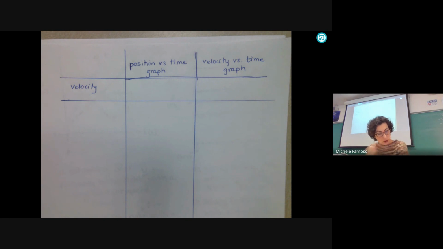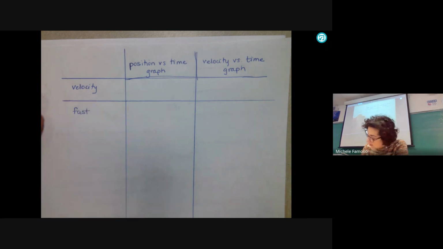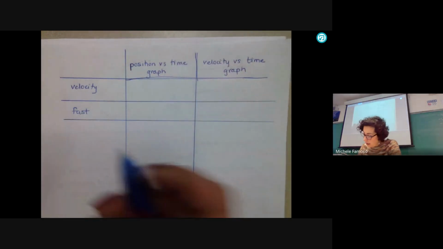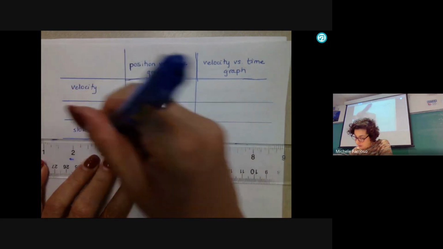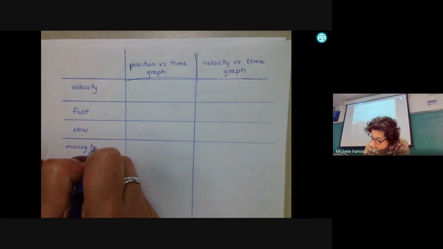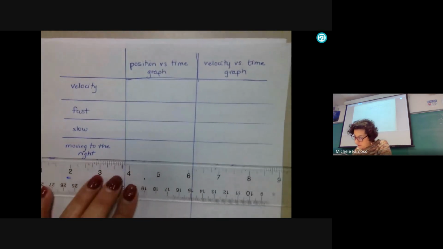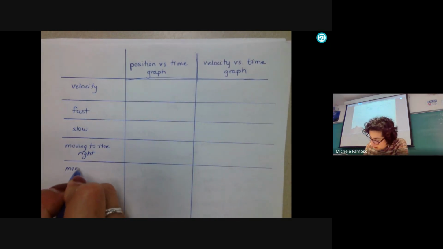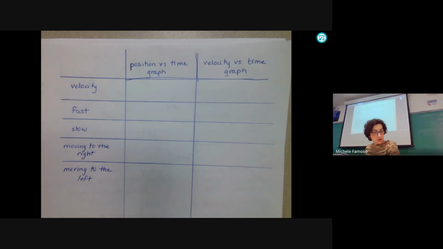Then secondly, what would it look like if you are moving fast on each of these graphs? What would it look like if you were moving slow on each of these graphs? What would it look like if you are moving to the right on each of these graphs? What would it look like if you were moving to the left on each of these graphs?